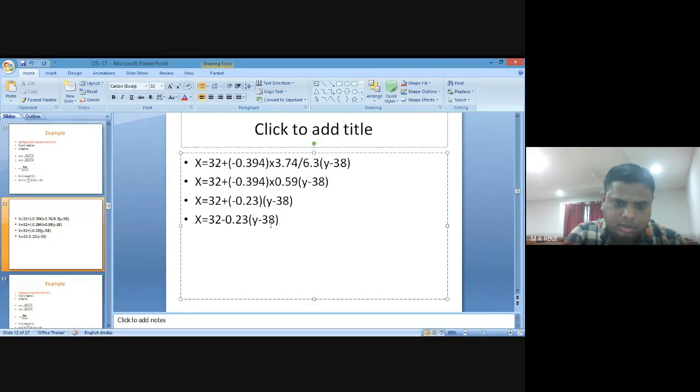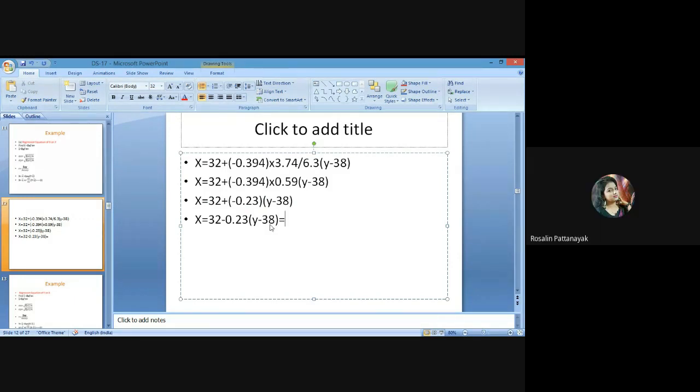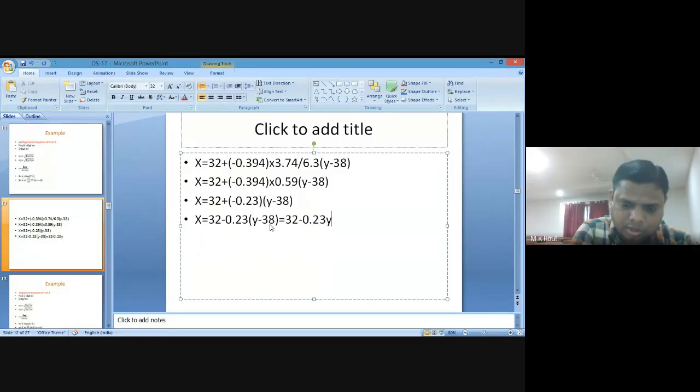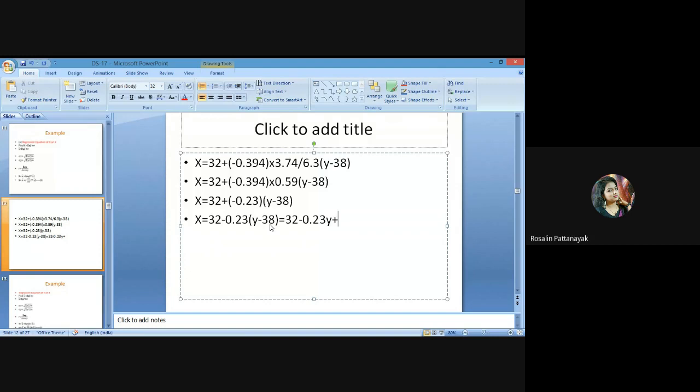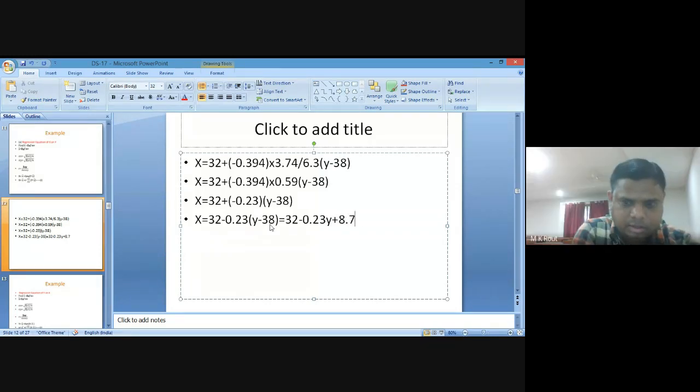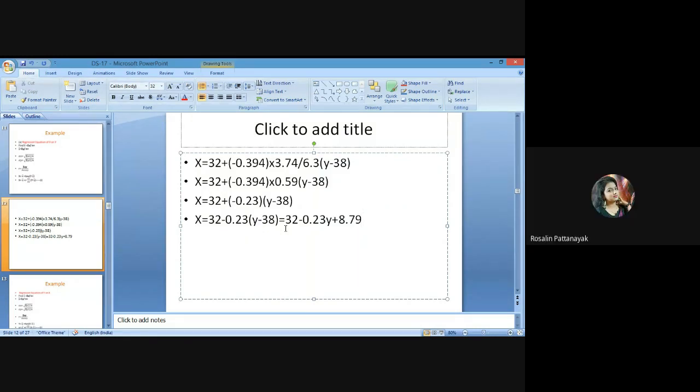That is 32 minus 0.23y plus 8.79. That equals to how much again? 40.79 minus 0.23y.